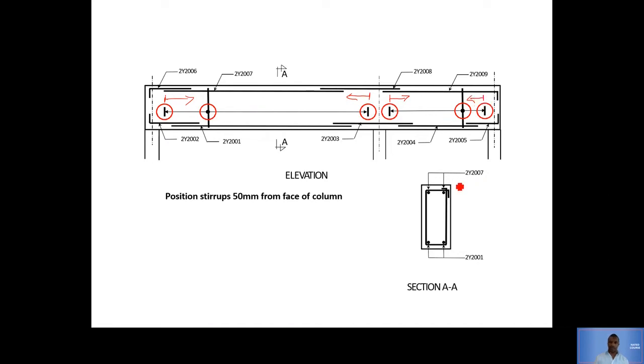One thing you should notice about these stirrups is that they're not on top of the columns. That's why they're ending just before the column and starting again just after the column, and once again ending just before the column.